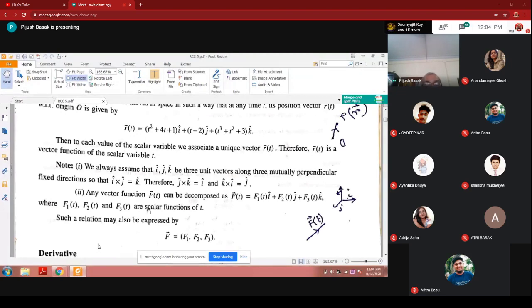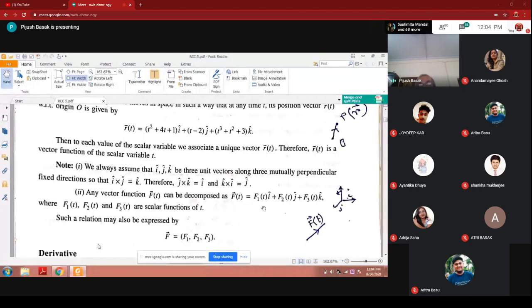Any vector f can be decomposed as f1(t) i plus f2(t) j plus f3(t) k, where f1(t), f2(t), f3(t) are scalar functions. F is a vector, like i.